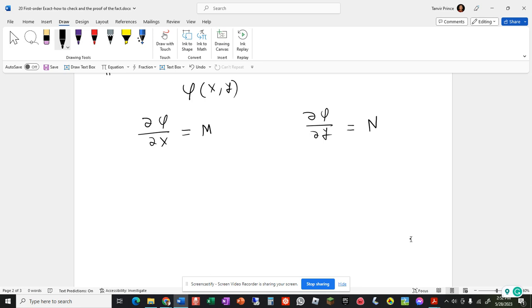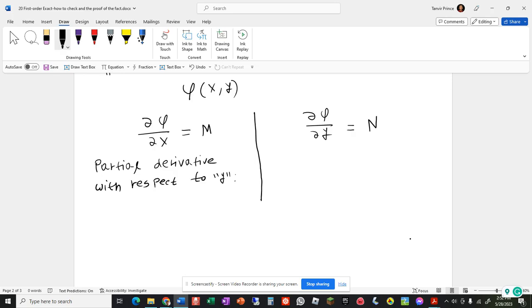So from the first equation, let's take the partial derivative of both sides with respect to y.